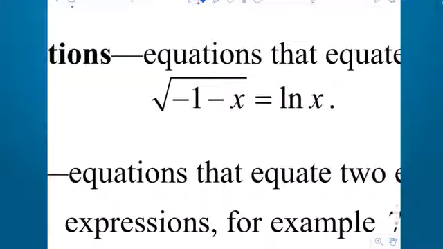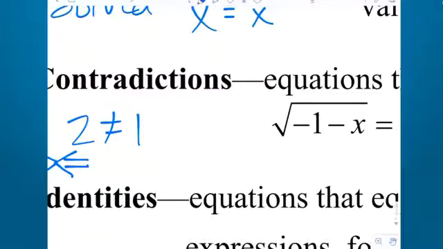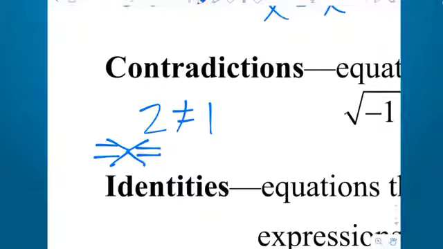So this would be a contradiction. In algebra 1 or 2, if you were trying to solve an equation and at the very end your x's went away and you ended up with an untrue statement, like 5 equals 4 or 0 equals 1, then you knew there were no solutions, contradiction.